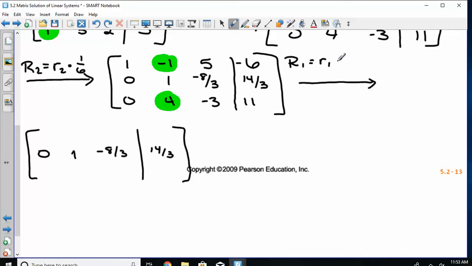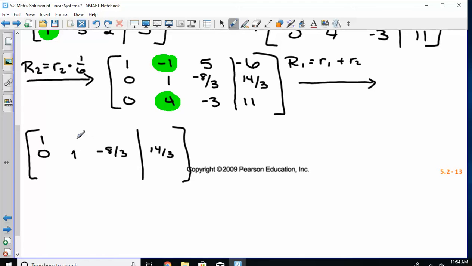It is a negative 1, so we need to add what? 1 times row 2. So I'm just adding those together. So 1 plus 0 is 1.